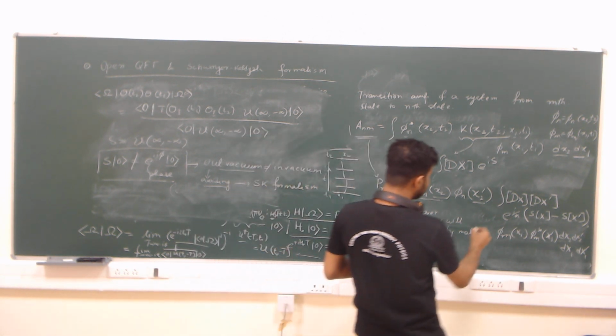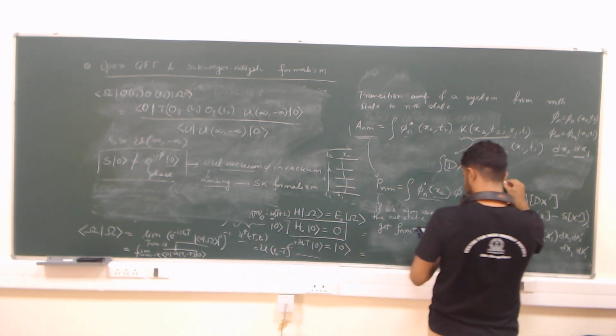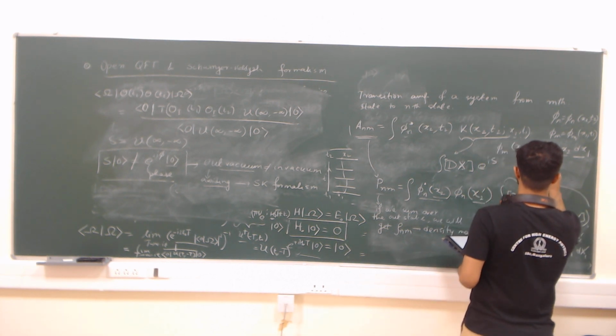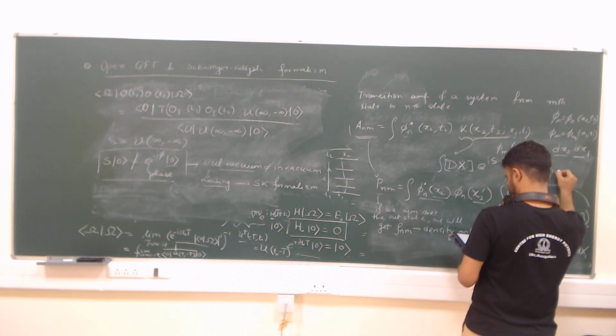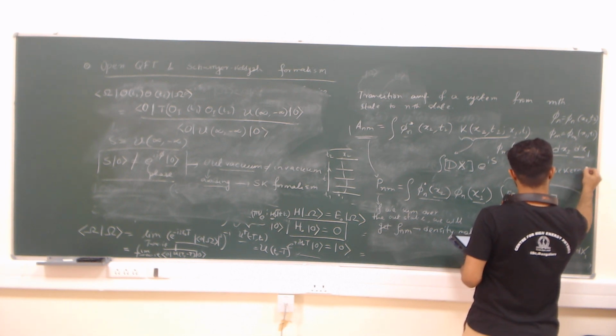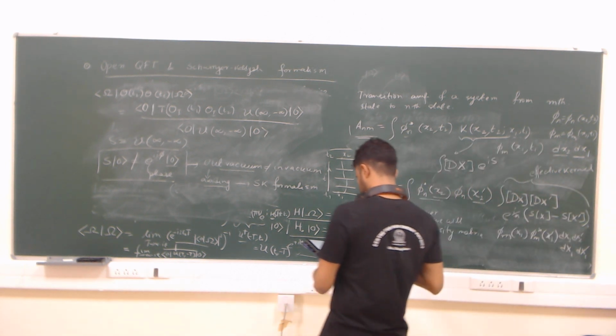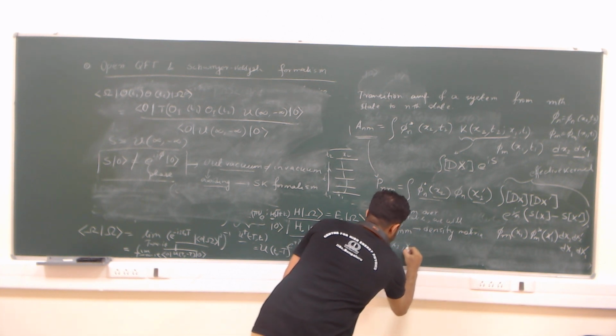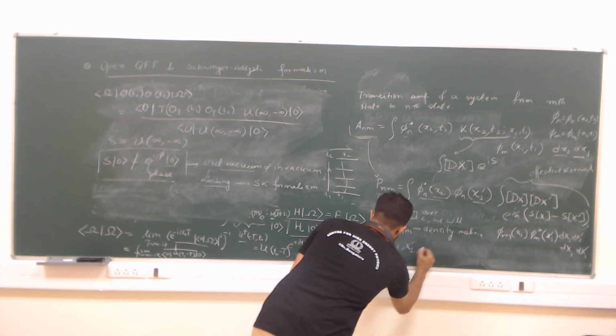And in this expression, this part we call the effective kernel, which is basically this thing divided by this part, this way.